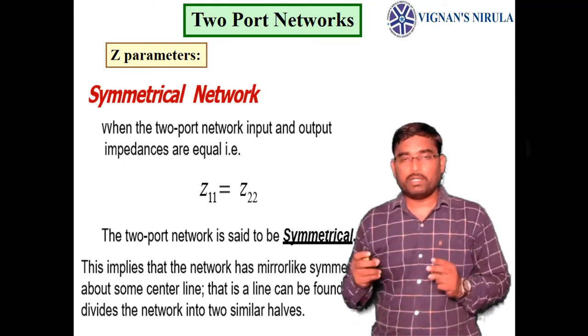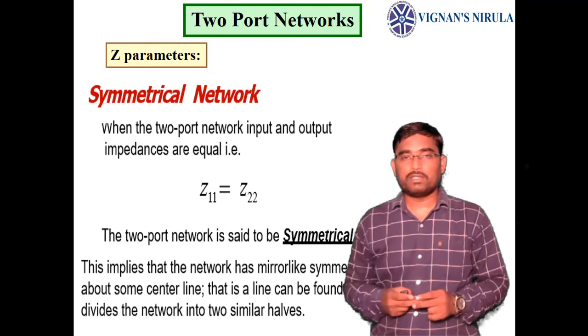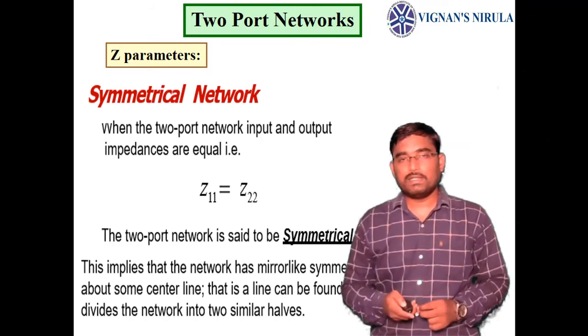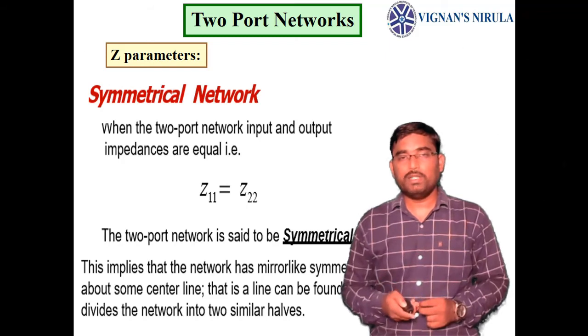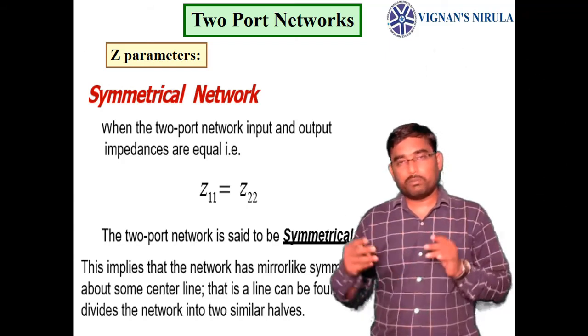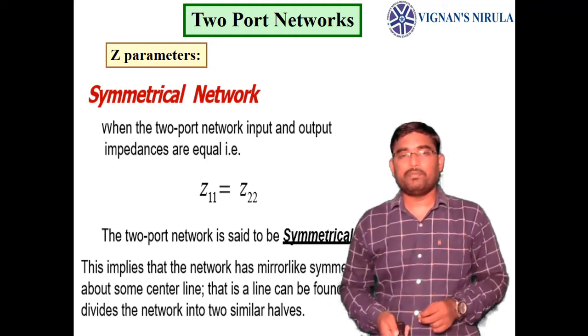By taking these two conditions in the Z parametric equations, we get Z11 equals Z22. If this condition is satisfied, then that network is said to be a symmetrical network. Symmetrical network means if you see the network from both ends, it appears in the same manner.